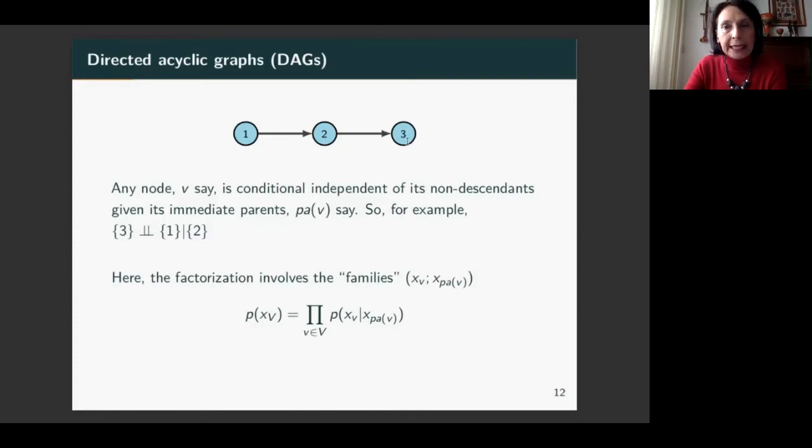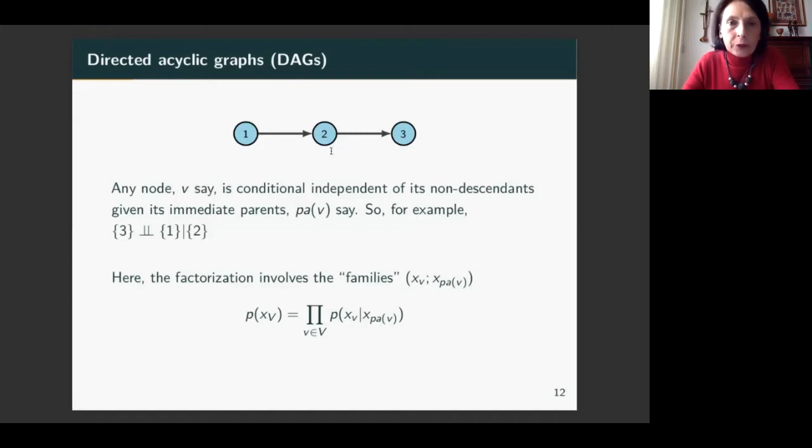So, for example, here, 3 is independent of 1 conditionally on 2, which is its parent. And the factorization of the joint distribution still holds and involves the families defined by a node and its parent. So it's the product of the conditional distributions over each node given the parents.